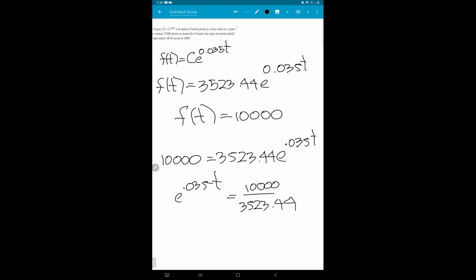And then you can approximate, as I have said, each time to 2 decimal places, or if specified, you can use the specified number of decimals.